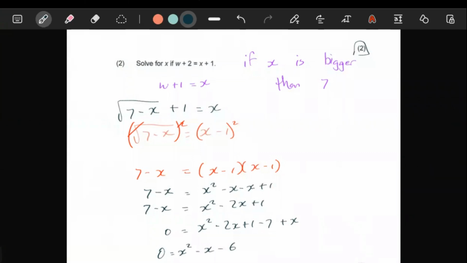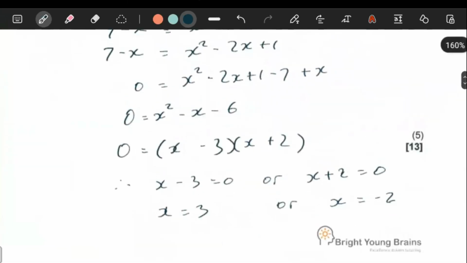And then square root of 7 minus, let's try negative 2. If you add a 1, that's going to give you a 4. So that does not balance out. So you have to disregard the negative 2, because the negative 2 does not work out. So that's why you have to test out your answers.